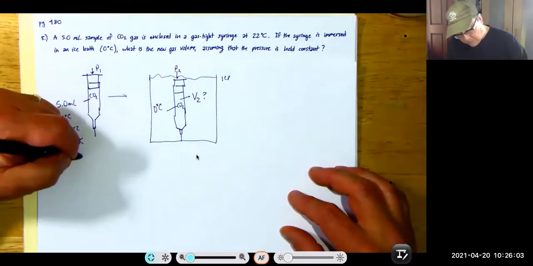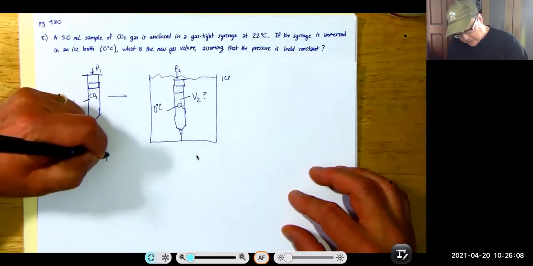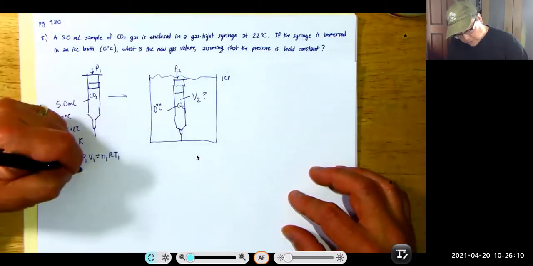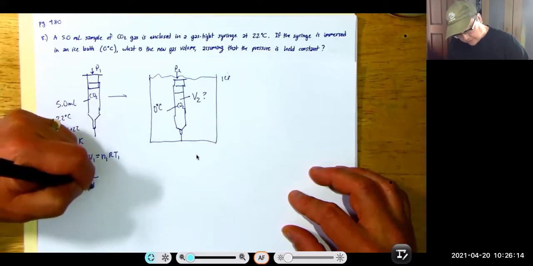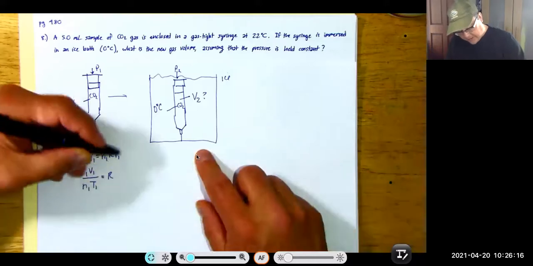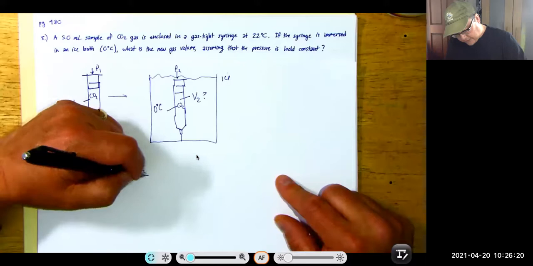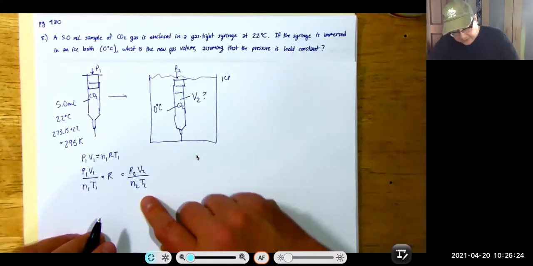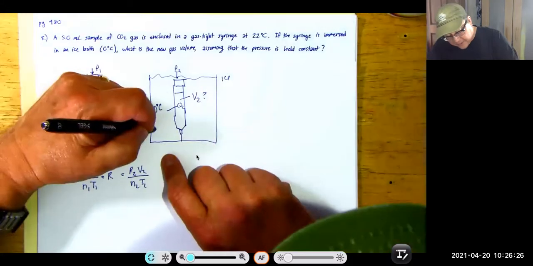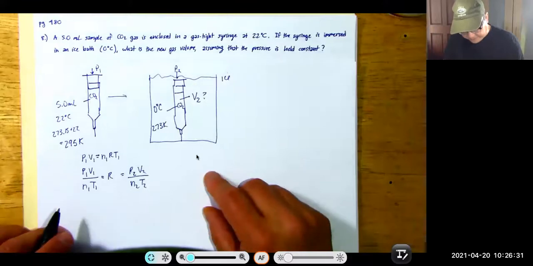So here we have P1 V1 equals N1 R T1, or P1 V1 over N1 T1 is equal to R. And over here we have P2 V2 over N2 T2. Now, this temperature is 273 K, not 0 degrees Celsius. We want to use 273.